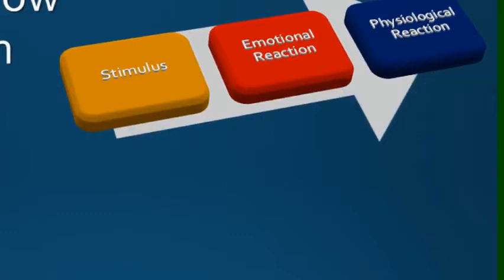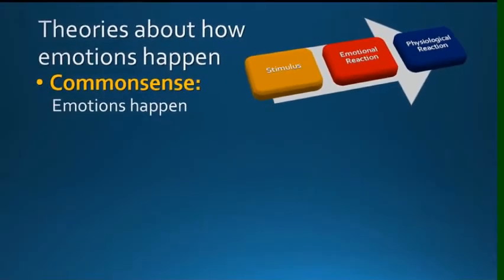For example, you meet someone new, feel nervous and uncertain as an emotional response, then your body responds, a physiological reaction, by blushing, increased heart rate, etc. This approach implies that you have no choice in the matter. The stimulus causes your reaction.